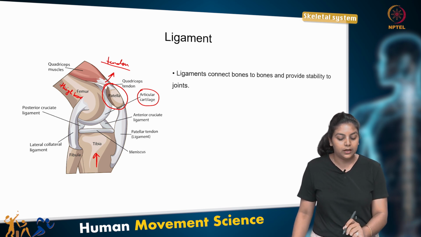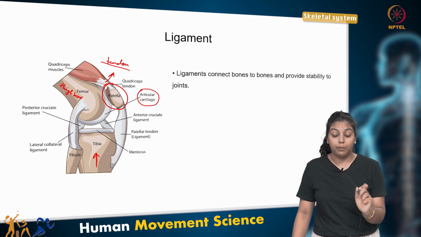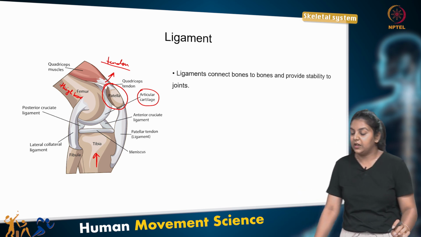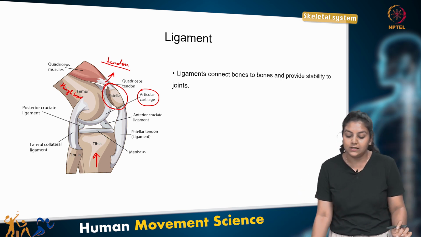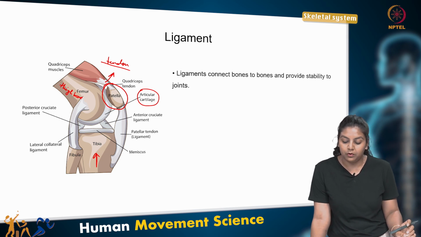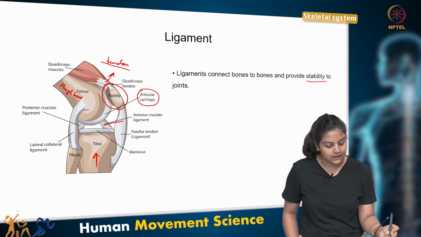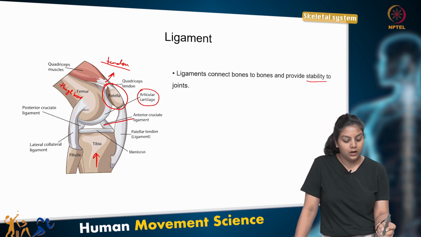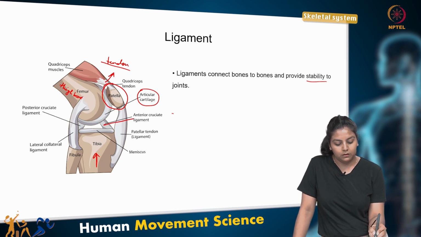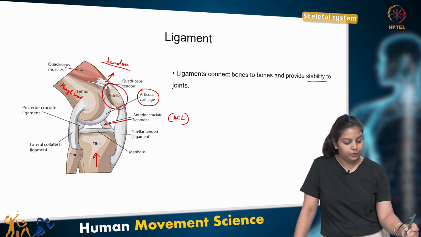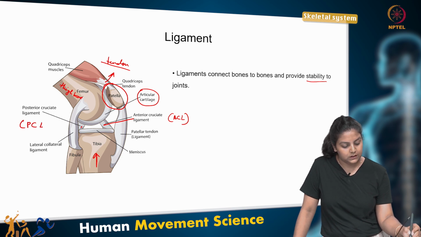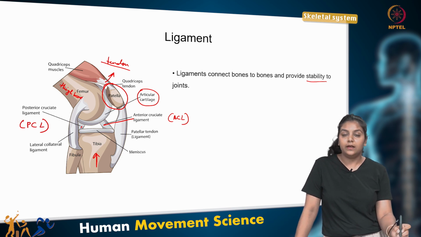And the ligament here connects bones to bones, right? As you can see in the picture, it connects bones to bones and provides stability to the joint. For example, this one here is your anterior cruciate ligament, which is your ACL, and your posterior cruciate ligament, which is your PCL. Two very important ligaments of the knee.